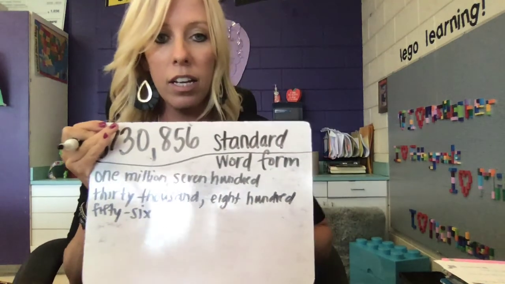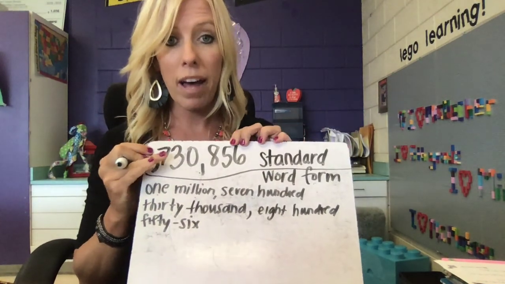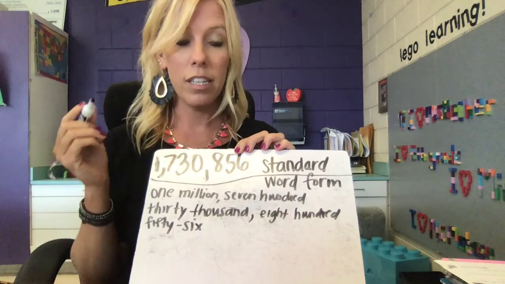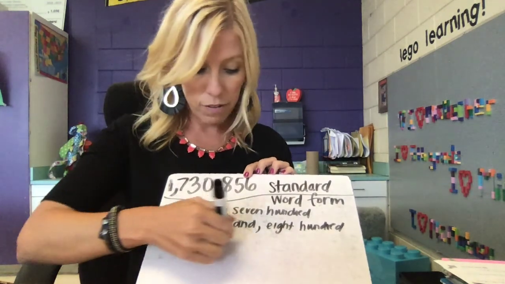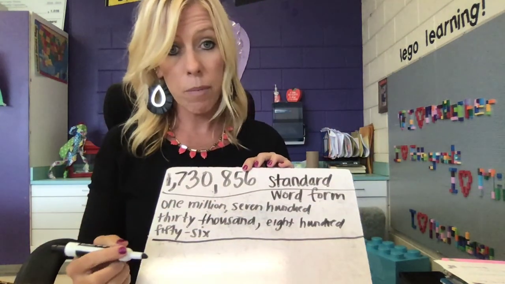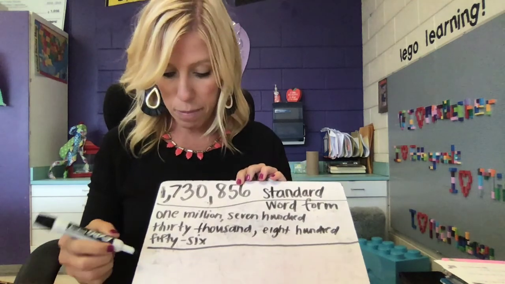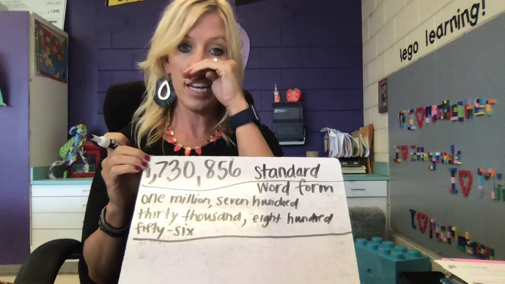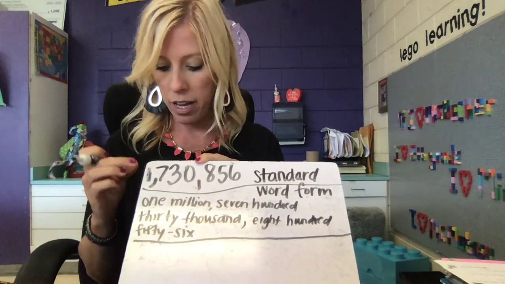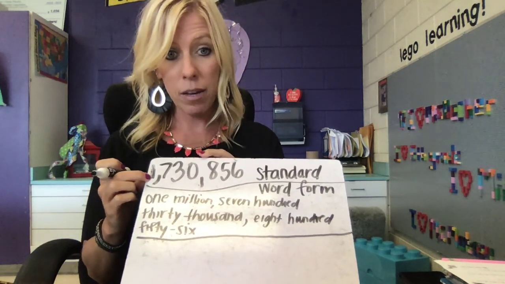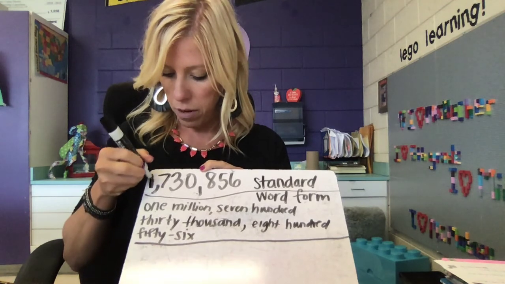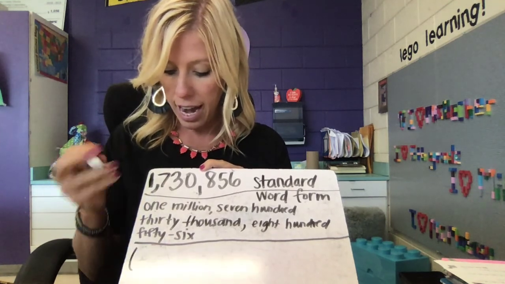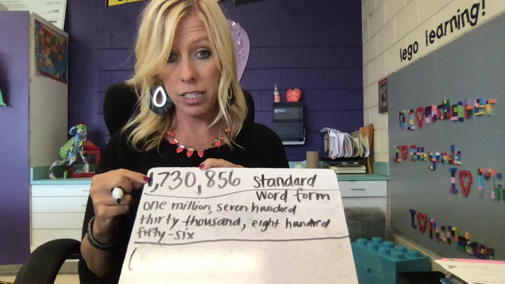Okay. So now we're going to talk about expanded notation, which is similar to expanded form like you've seen, but it really does help us understand our place value a little bit better. So this is what works for me. It's not necessarily the only way you can do it. I like to look at my biggest number, which is a 1, and I know my 1 is in the millions place.